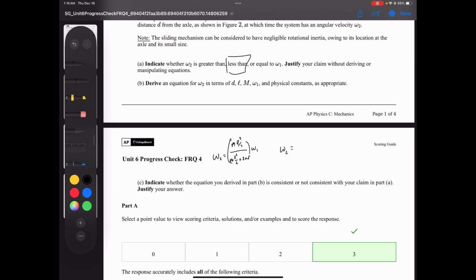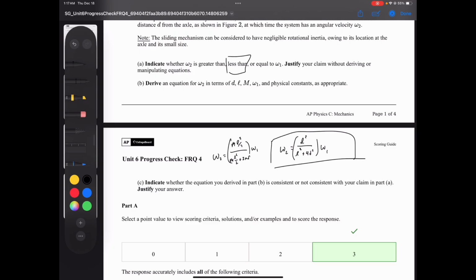And then I have L squared. If I multiply everything by 2, I have L squared over L squared plus 4d squared. That's the ratio times omega 1. All right, there we go.